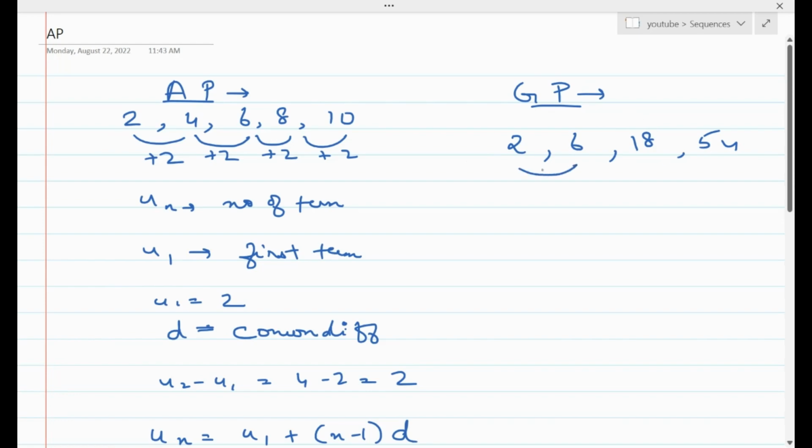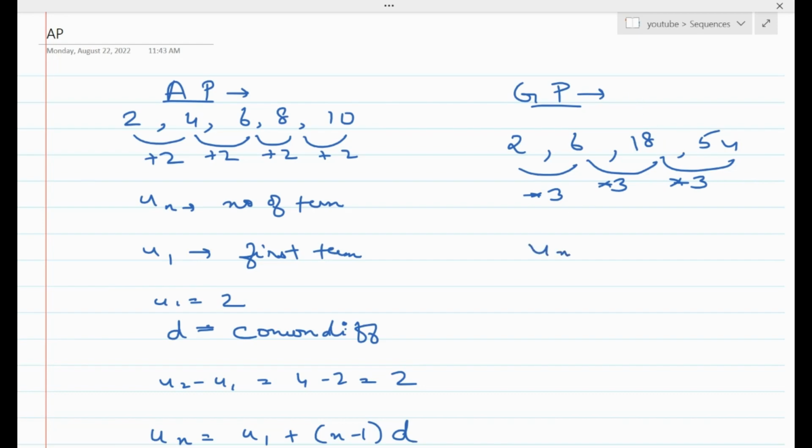So every consecutive term, if I multiply it with 3, 2 times 3 is 6. 6 times 3 is 18. 18 times 3 is 54. So whenever we multiply each of the consecutive terms by the same number, then that is called a geometric progression.